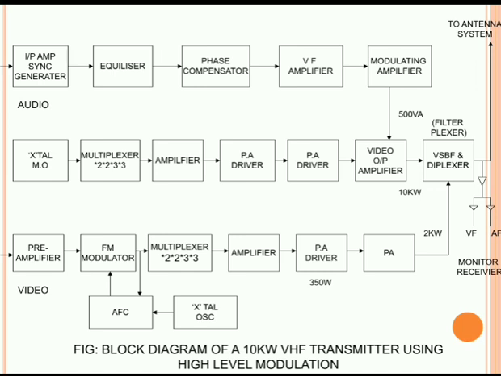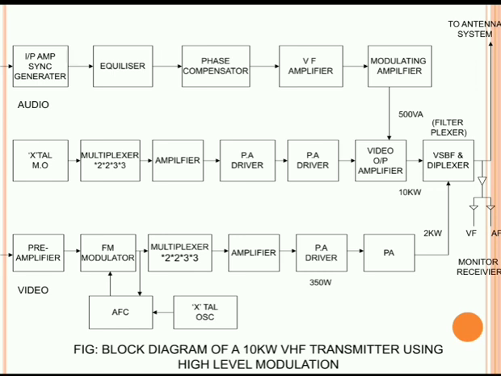By using the equalizer circuit and VF amplifier circuit, whatever the original or modulating signal, we increase the power of that signal before the modulation, and the crystal oscillator generates the carrier frequency. The power of that carrier frequency is also increased by using the amplifier and video output amplifier.